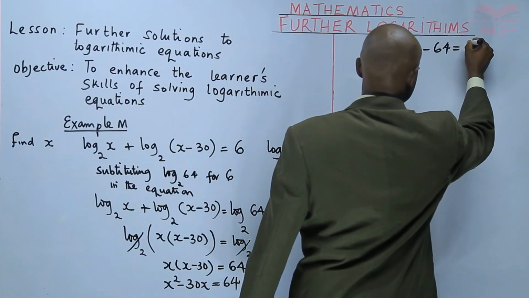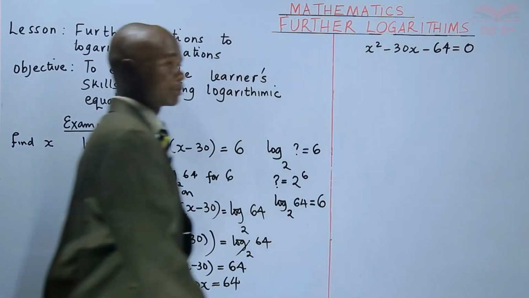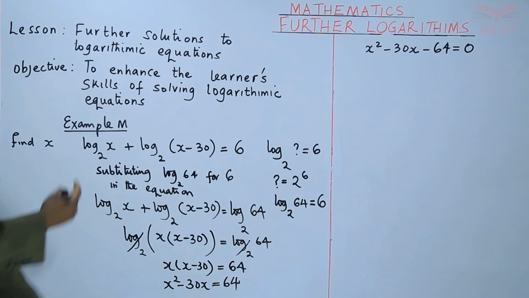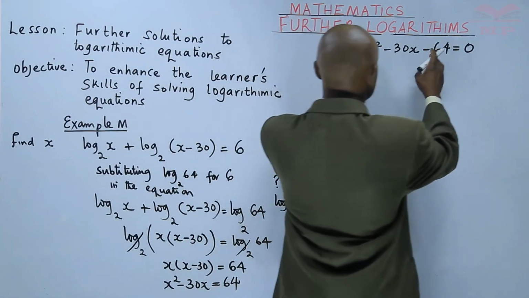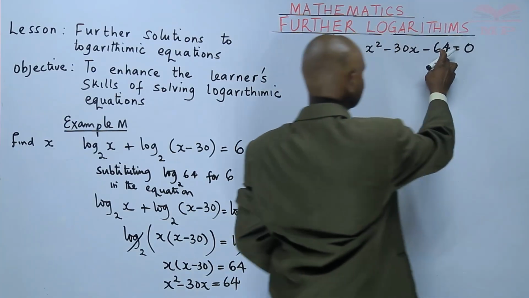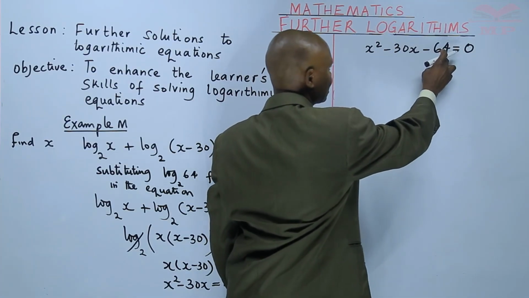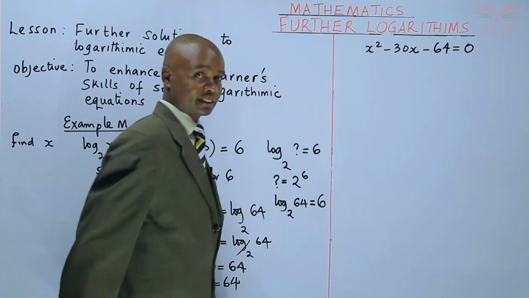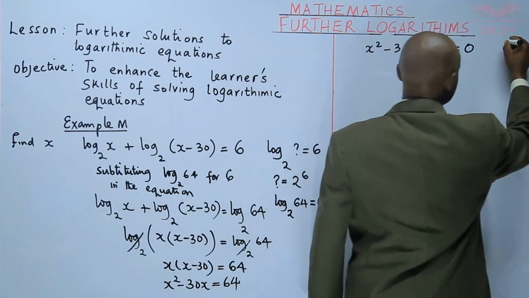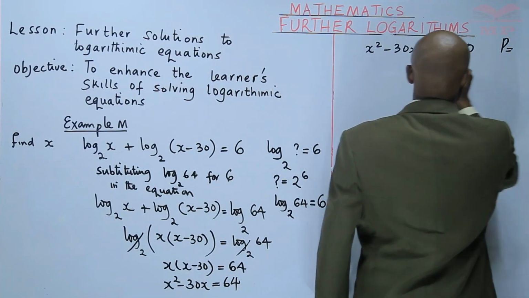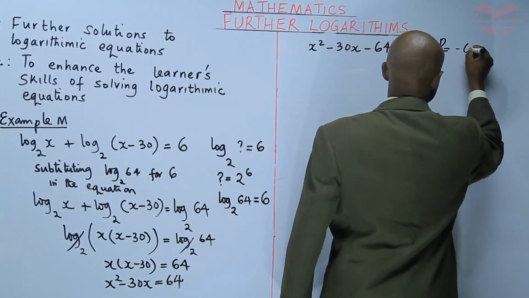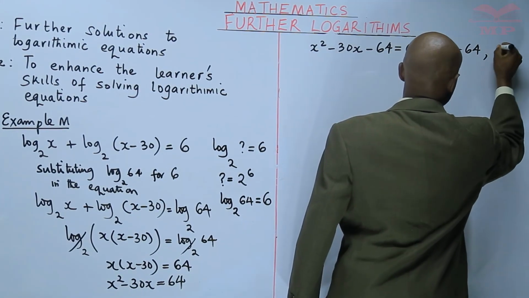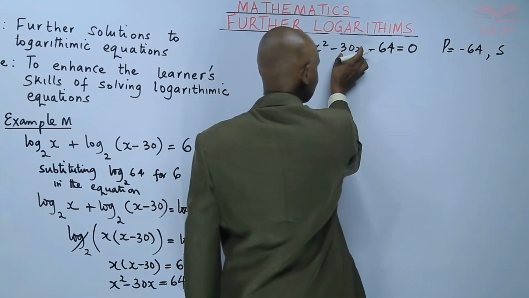This should give you 0. You can solve that quadratic equation using the product-sum method. You look for two numbers whose product is minus 64 and whose sum is minus 30. The product is the constant term, which is minus 64.